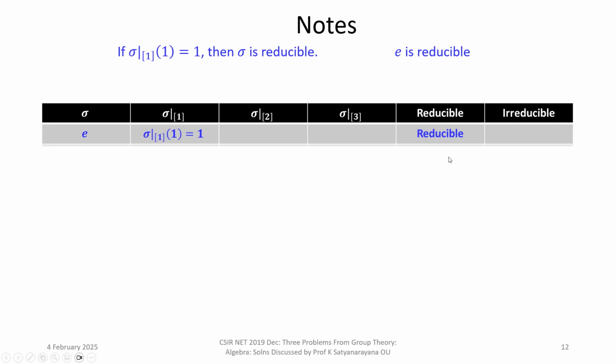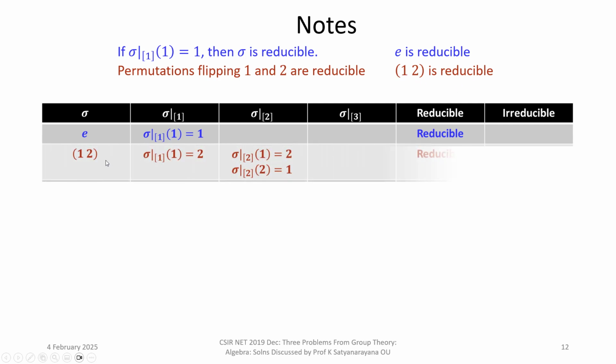So it is reducible. Right. Permutations flipping 1 and 2, that means mapping 1 to 2 and 2 to 1. That means all transpositions containing 1 and 2, for example transposition (1 2). It should contain 1 and 2. Is it reducible? How? Take the transposition (1 2). Sigma restricted to [1]: 1 maps to 2.